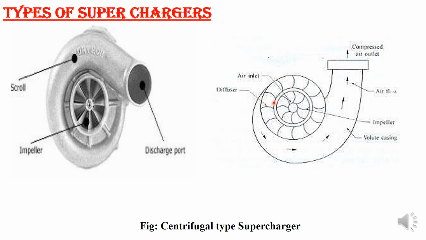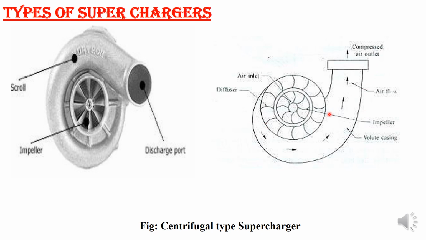A high velocity is imparted to the air due to centrifugal action, because of the rotation of your impeller. The high velocity air at the tip of the radial vanes is passed through the diffuser or volute casing, where the pressure is raised, and this air is supplied to the engine.